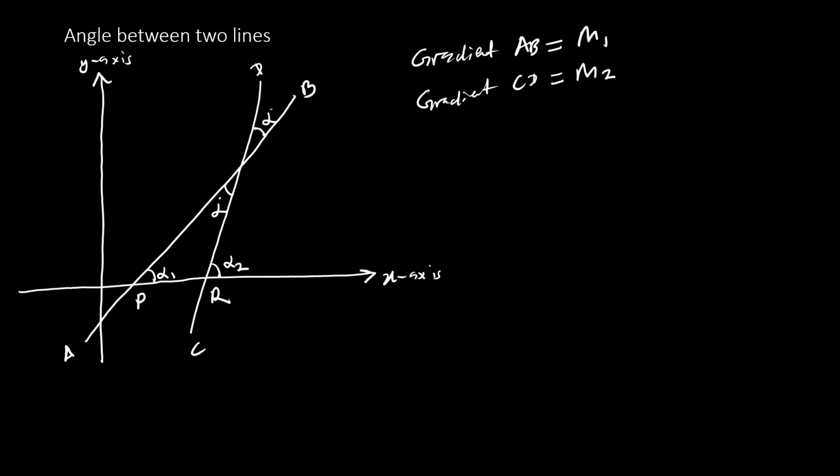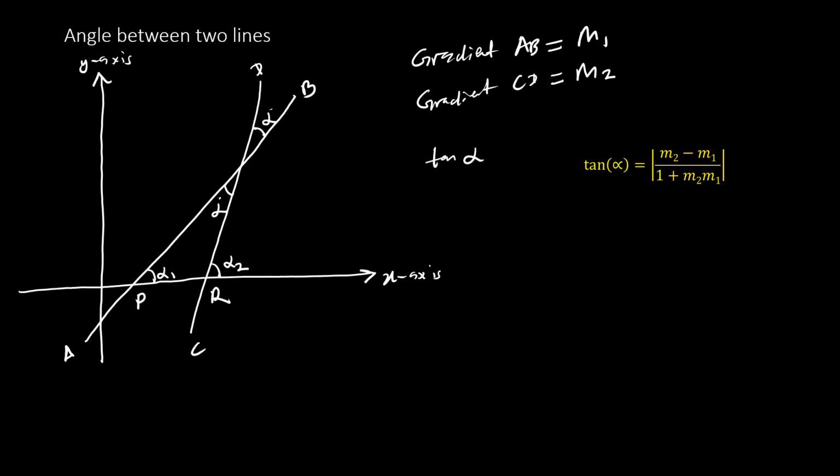Then from the formula we have that tan alpha equals... You know what? I'll just do this again. Let's rub this off. Let's consider line AB. Line AB makes an angle of alpha 1 with the positive x-axis. So we can get the slope of line AB by considering the formula for the gradient, which is tan alpha.